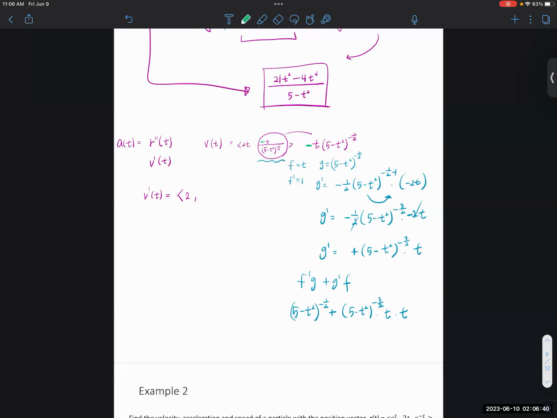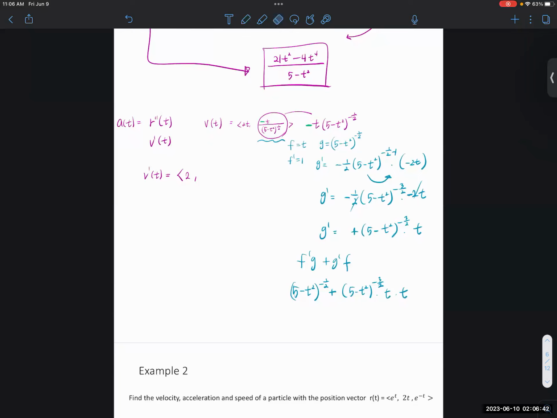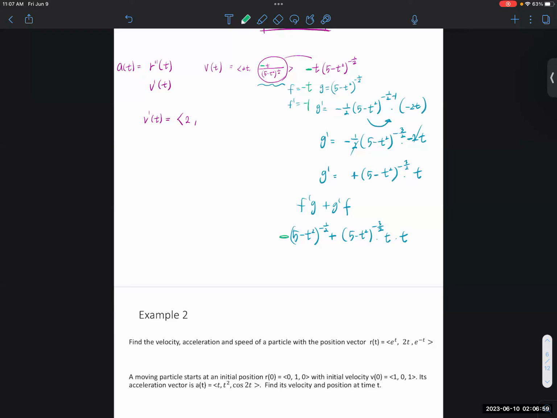Sorry about that. So f is going to be negative t, right? So the f is going to be negative t, so f prime will be negative 1, my bad. That's it. That's all you need to change. So f prime is negative, so here negative, and then we have a negative t.